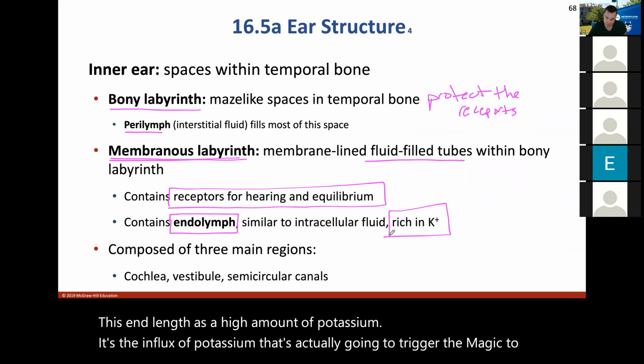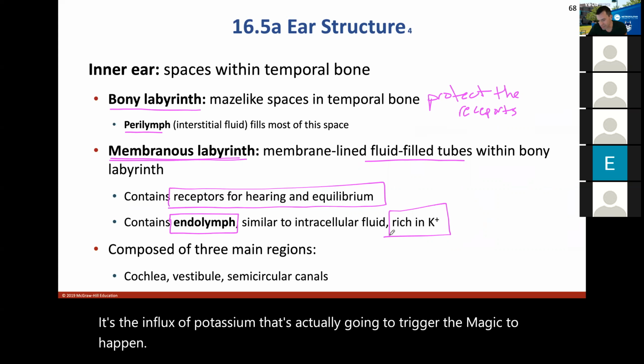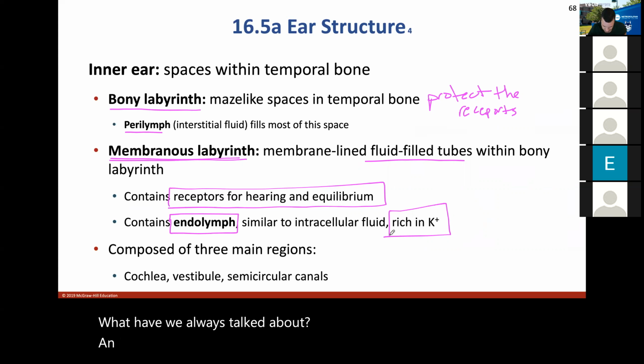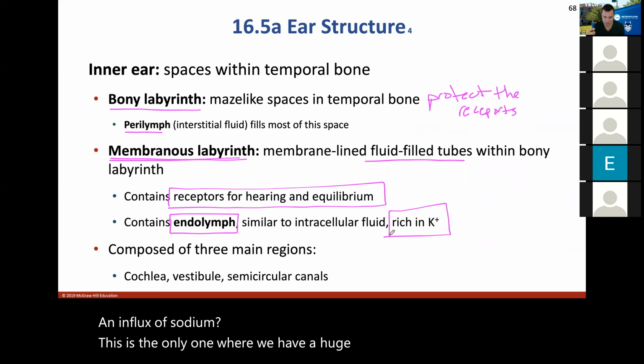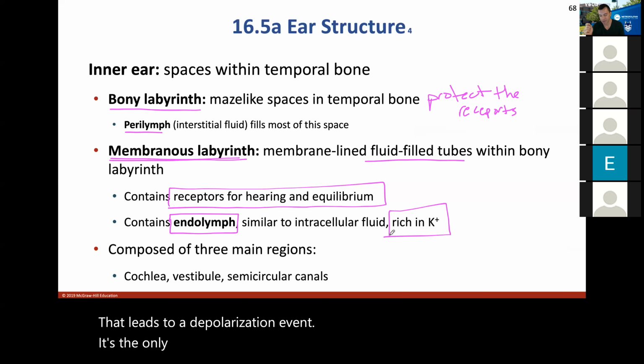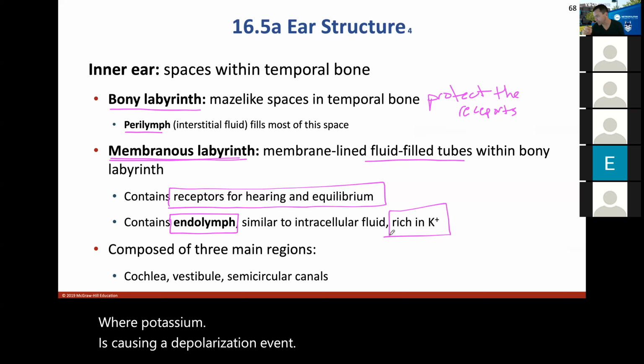What have we always talked about? An influx of sodium. This is the only one where we have a huge influx of potassium that leads to a depolarization event. Potassium is the main dude.